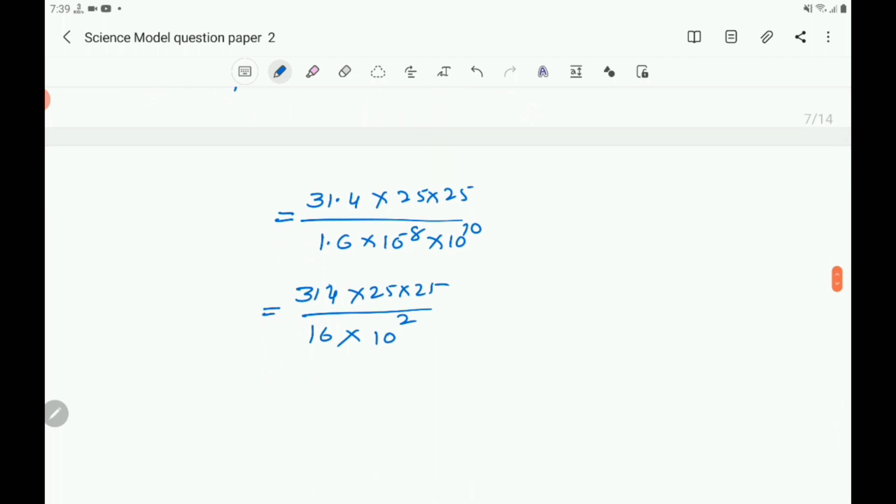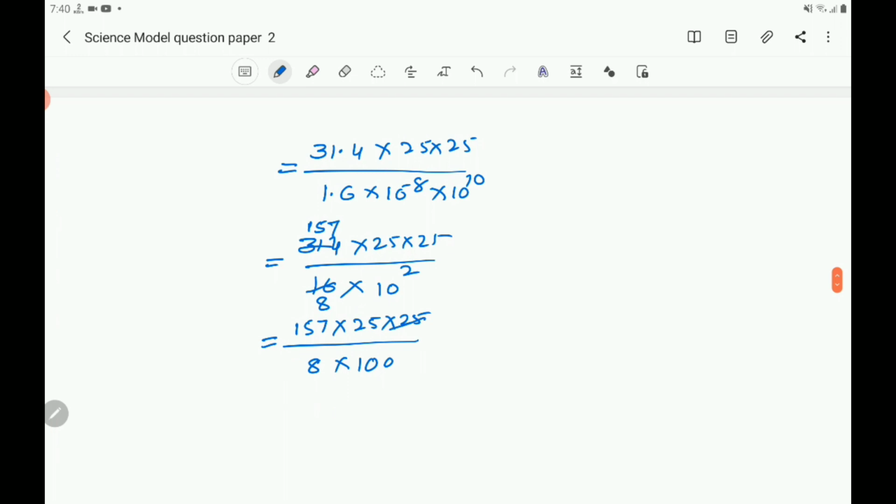Then you can divide by 2, and again it becomes 157 into 25 into 25 divided by 8 into 100.